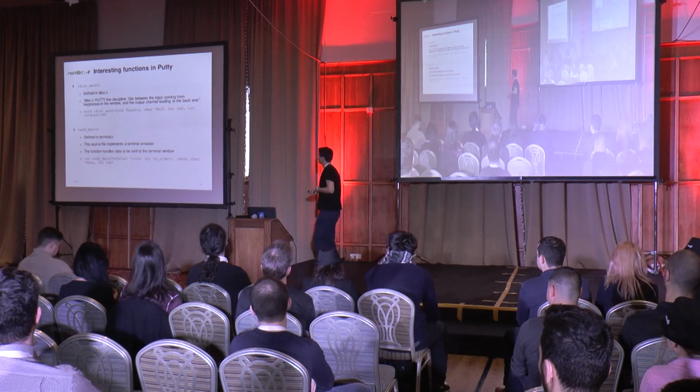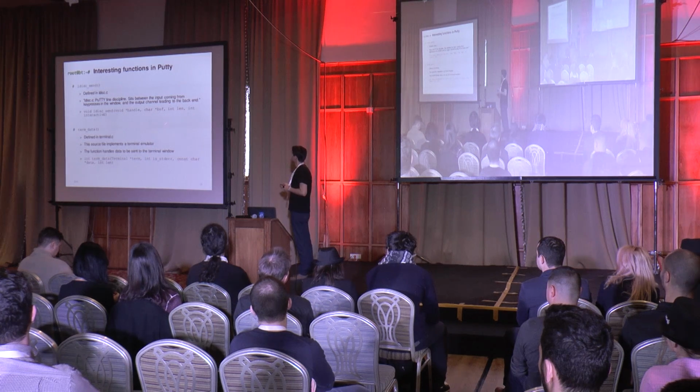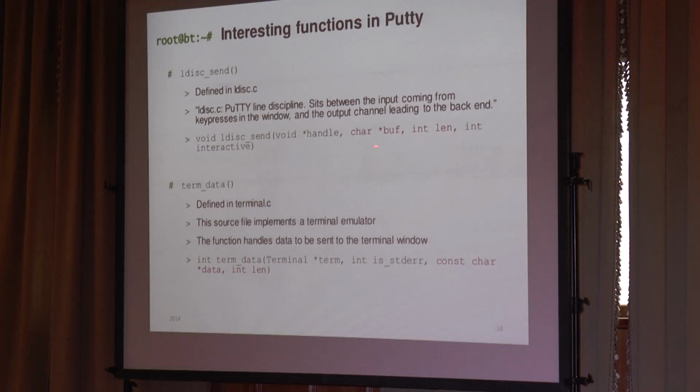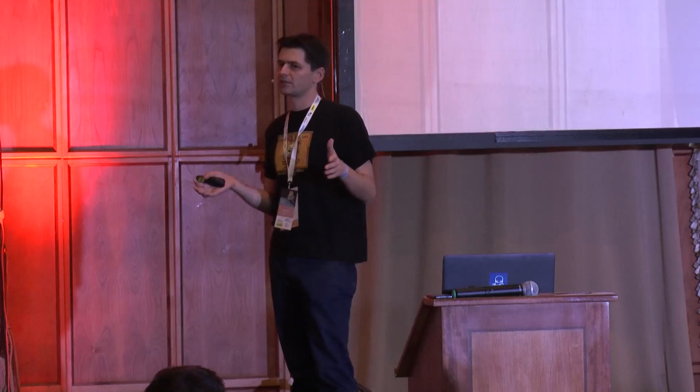Okay? And if you look at the definitions of these functions, you can see two parameters: a buffer and a length, and also data and a length. This is actually the data that we're interested in.